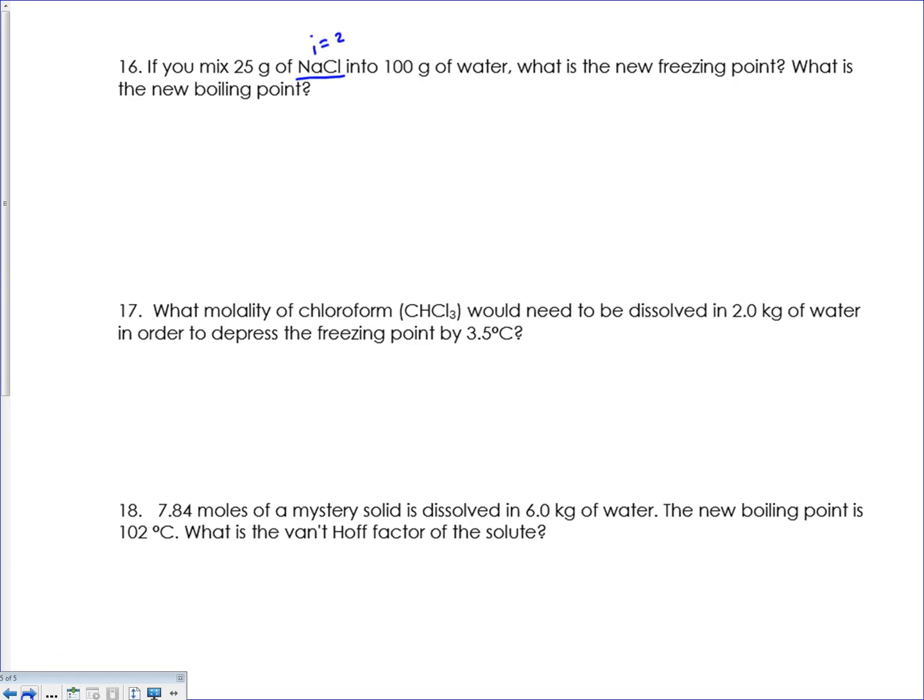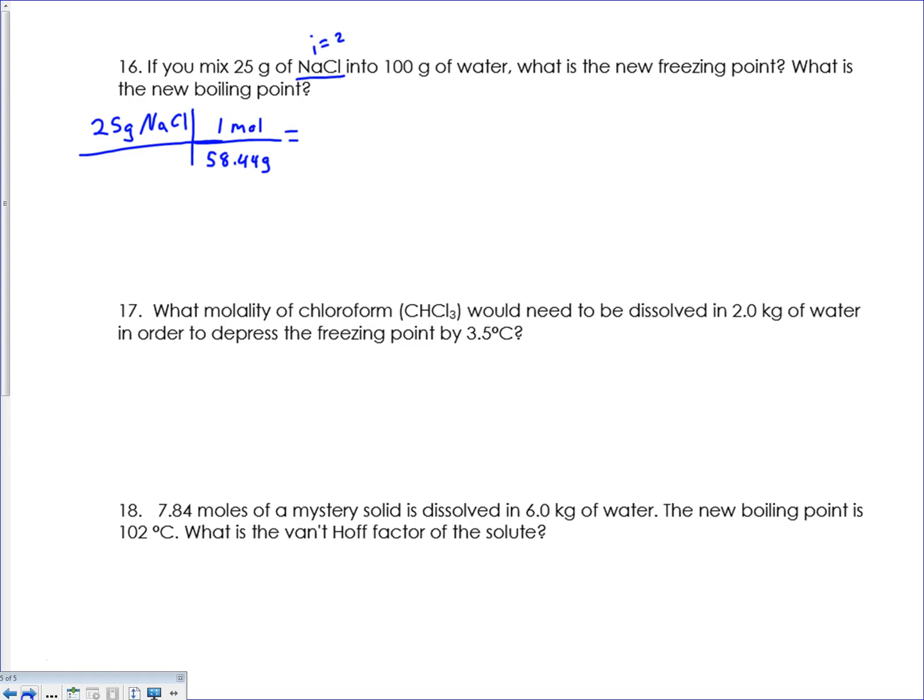What we're going to do first, because molality is needed here, and molality is the moles of solute in kilograms of solvent, is find out how many moles we've got. So we start with 25 grams of NaCl, and there are 58.44 grams of NaCl in 1 mole of NaCl.